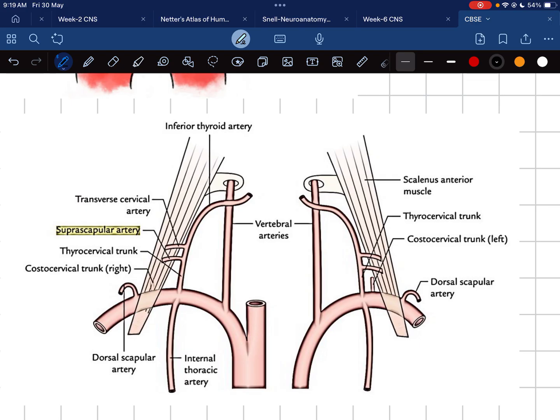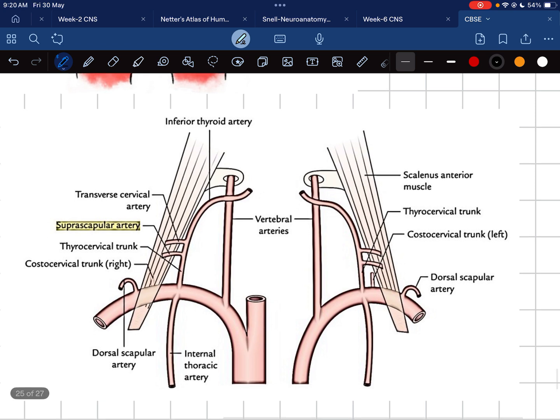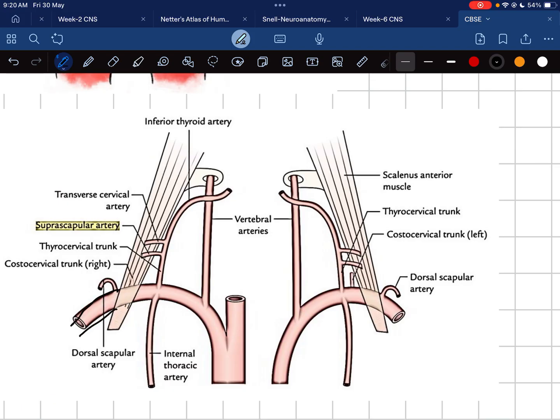At the outer border of the first rib, the subclavian artery continues as the axillary artery. This is the subclavian artery, and this is the axillary artery in the axilla.